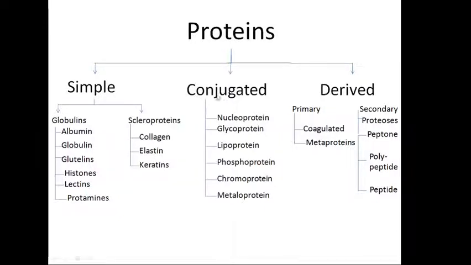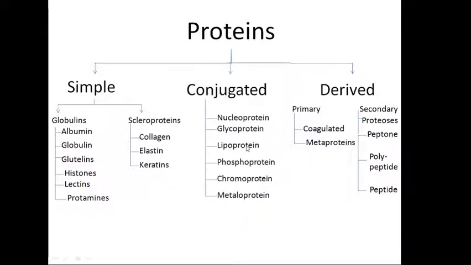You have the conjugated proteins. The conjugated proteins are proteins combined with a non-protein moiety. Further, there could be the nucleoprotein: protein plus nucleic acid is nucleoprotein. Glycoprotein: protein plus carbohydrates.